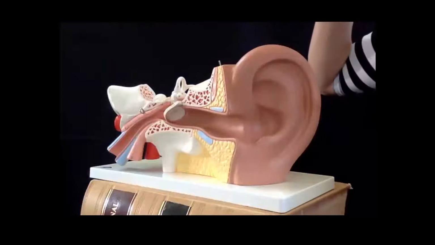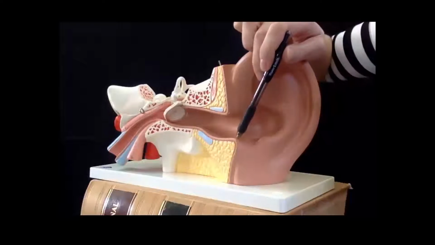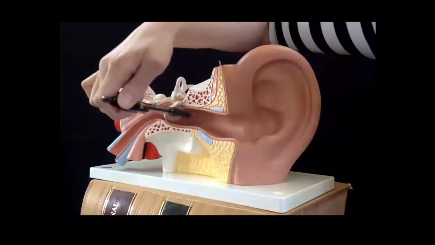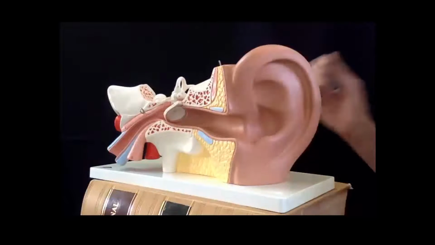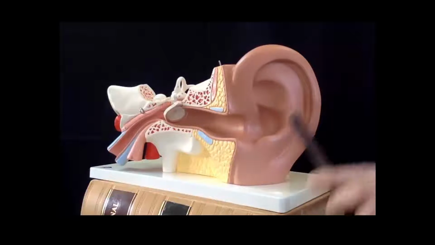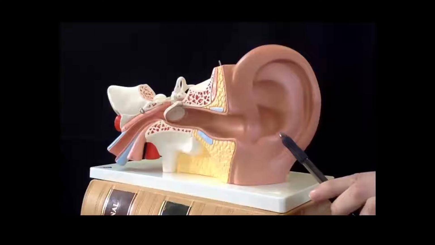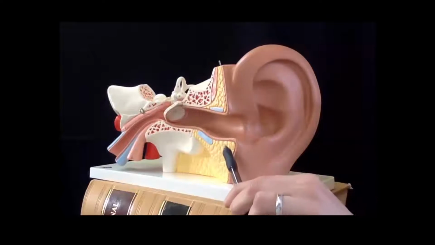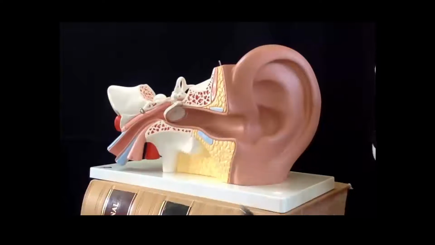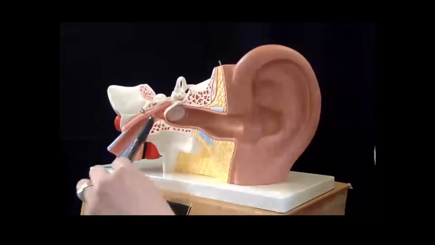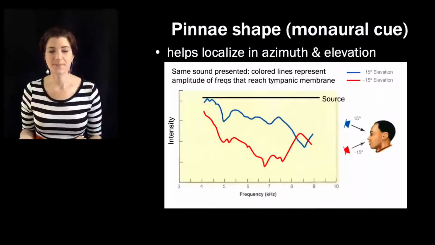If it comes from up above, it may hit right here and then bounce in a different way. So the key idea is that depending on where the sounds are coming from, they're going to get reflected into the external auditory canal at different angles and therefore bounce around in the auditory canal in different ways before finally contacting the tympanic membrane there.